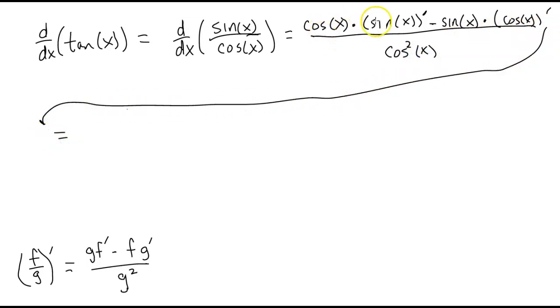So if I finish up here, I know that the derivative of sine is going to be cosine. So I'm going to have cosine x times cosine x, which essentially is just going to be cosine squared. So I'll go ahead and write that and erase this.